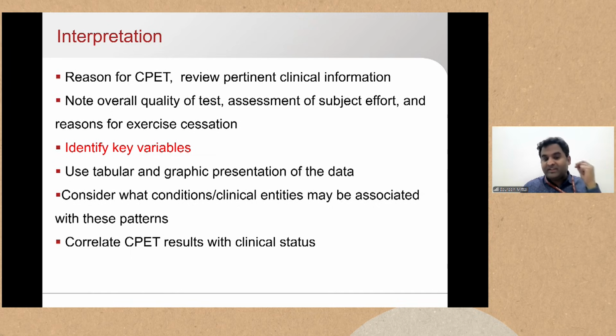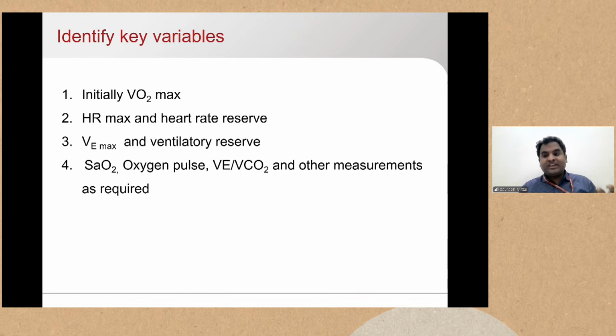After looking at the data I showed you in the beginning, the table and the graphs, we reach a conclusion about how the CPET has to be interpreted and the likely cause of the patient's problem.